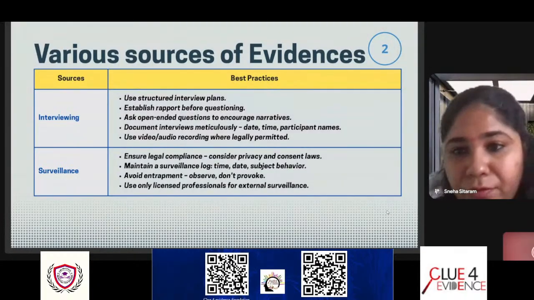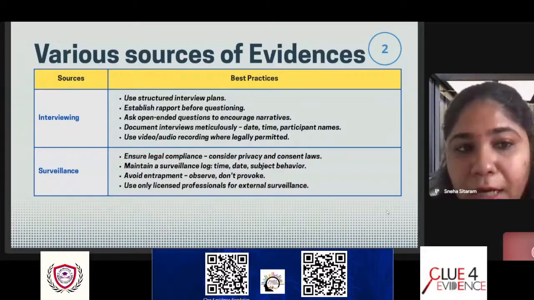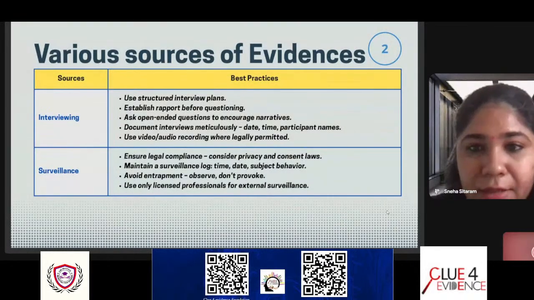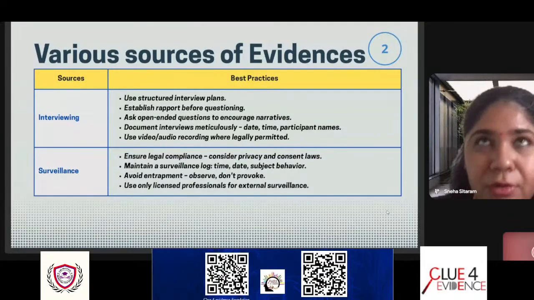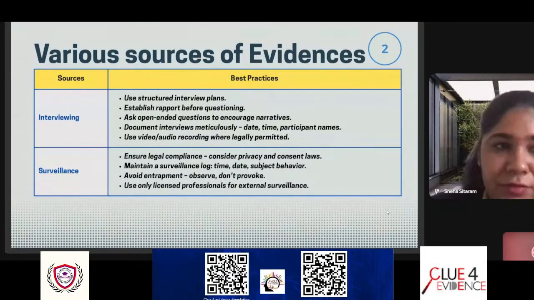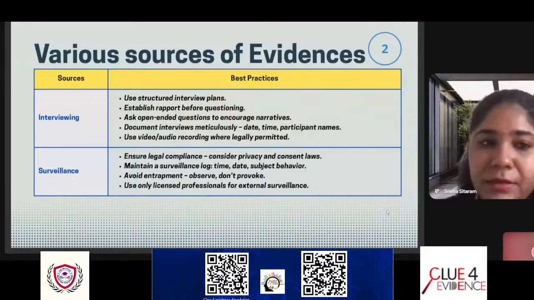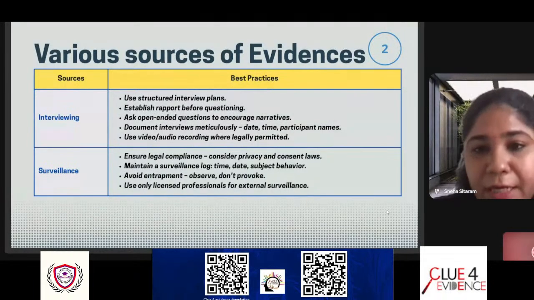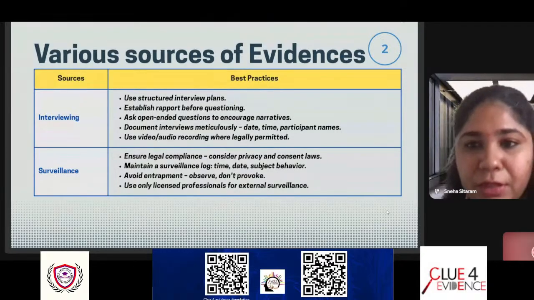So there are interview tactics, and you have to follow interview protocols. Not all interviews will be successful in getting the details, but definitely it can be a changing point in your investigation.